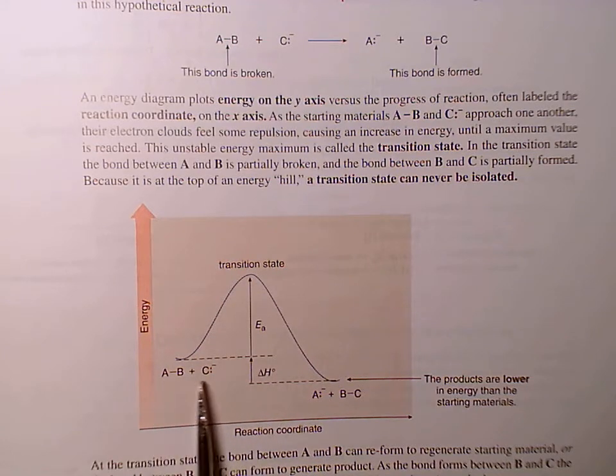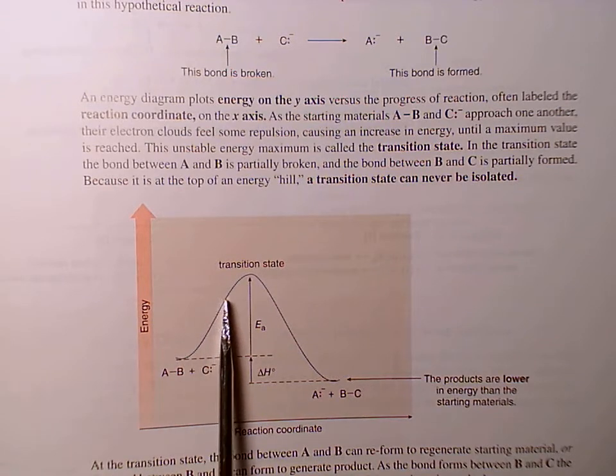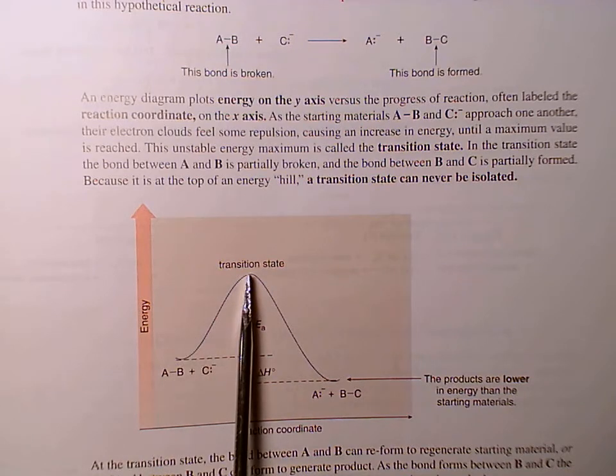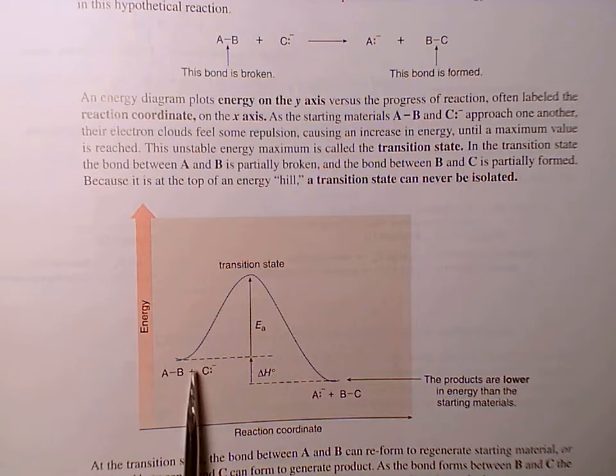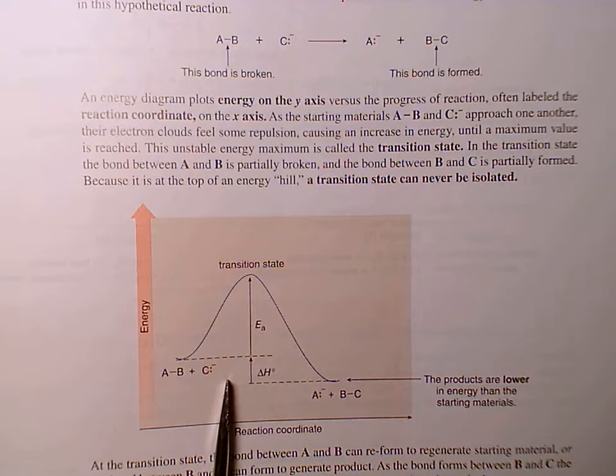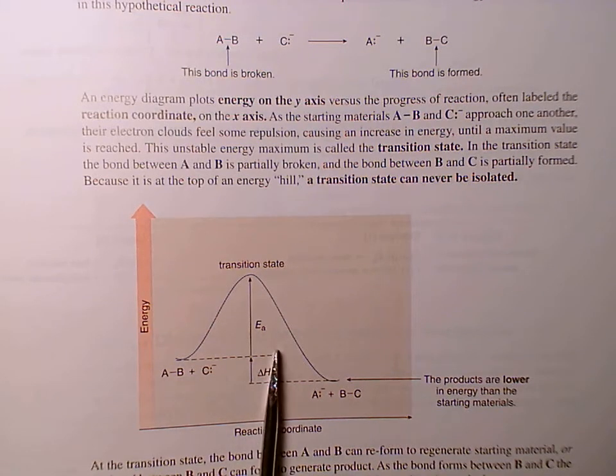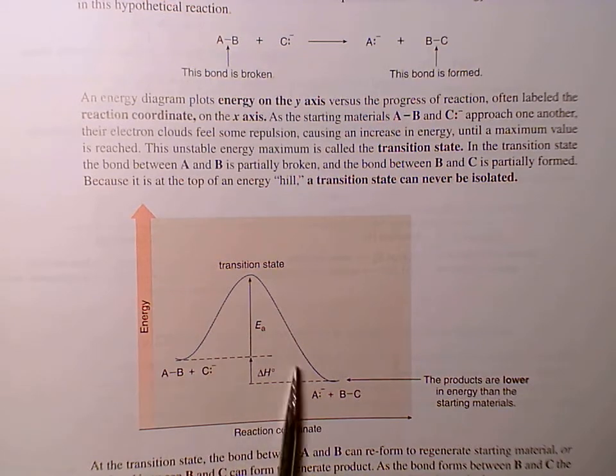So this diagram here shows our two reactants, AB and C minus. It takes energy to break this bond. Once the bond is broken, we have the transition state. And that means bonds are starting to get formed afterwards, and that is exothermic. When we look at this reaction, based just on the way the diagram is drawn, the energy of our products is lower than the energy of reactants, which means delta H is negative, which means this reaction is exothermic, which means it's probably going to go.